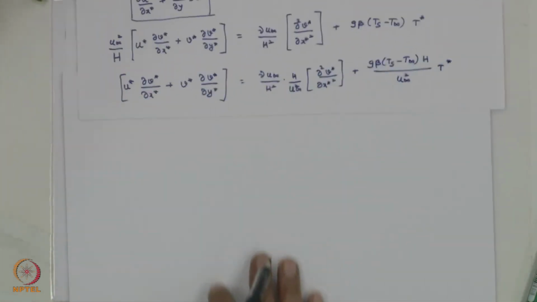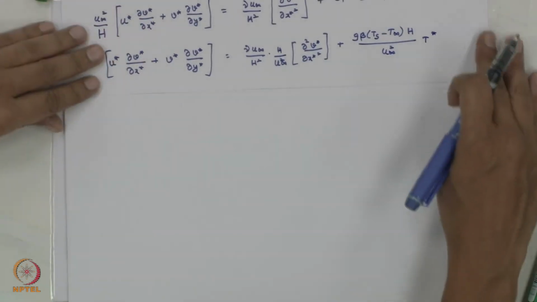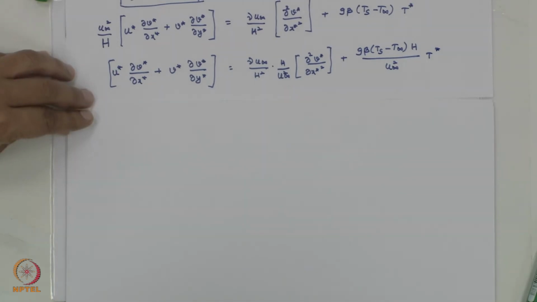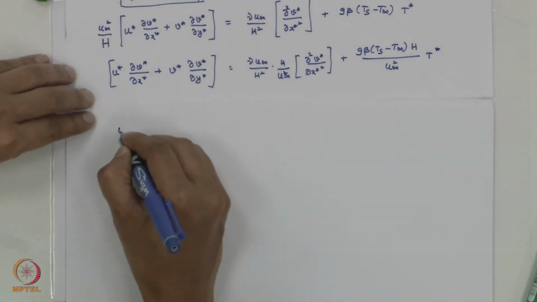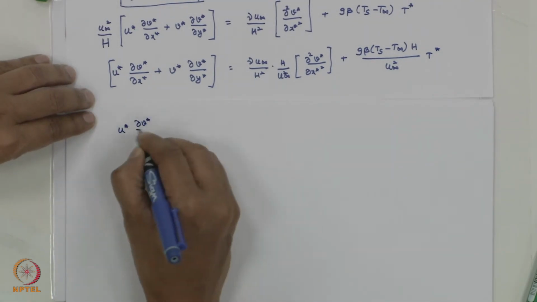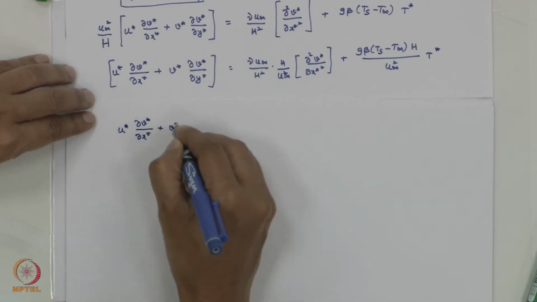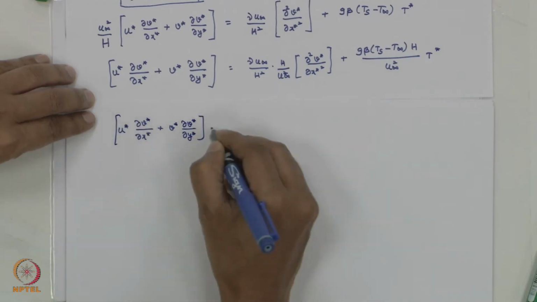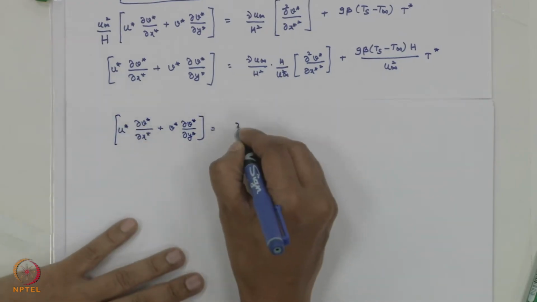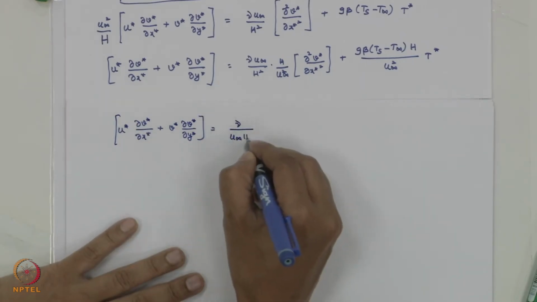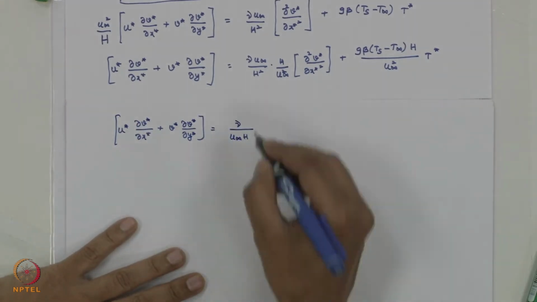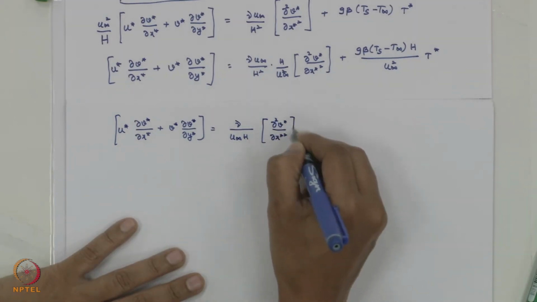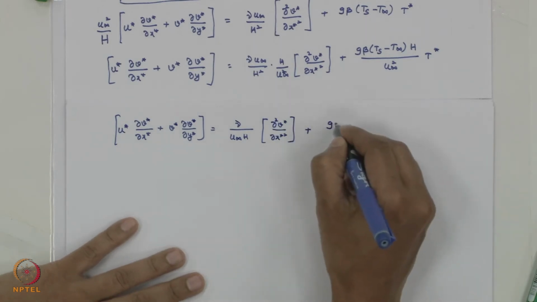Okay, so let's write this again, because we need to get these coefficients in the non-dimensional form. That's our aim. So you get u star del v star upon del x star plus v star del v star by del y star, left hand side remains same, is equal to nu by u infinity h, that's what you get, into del squared v star upon del x star squared. So here I need to do some readjustment.